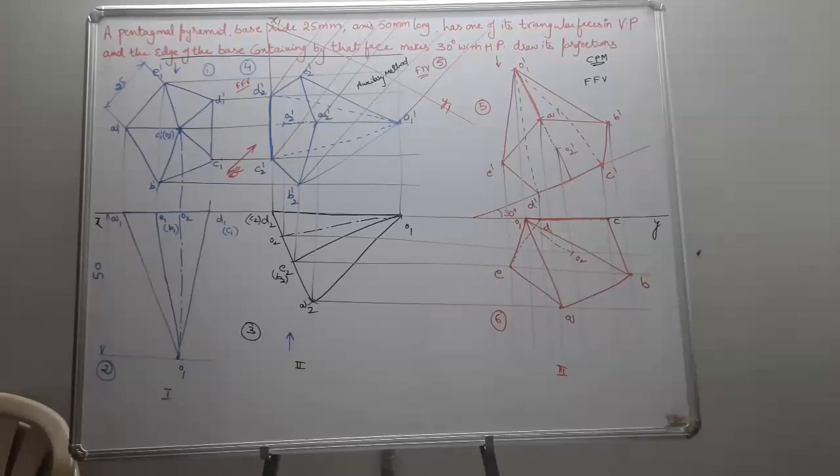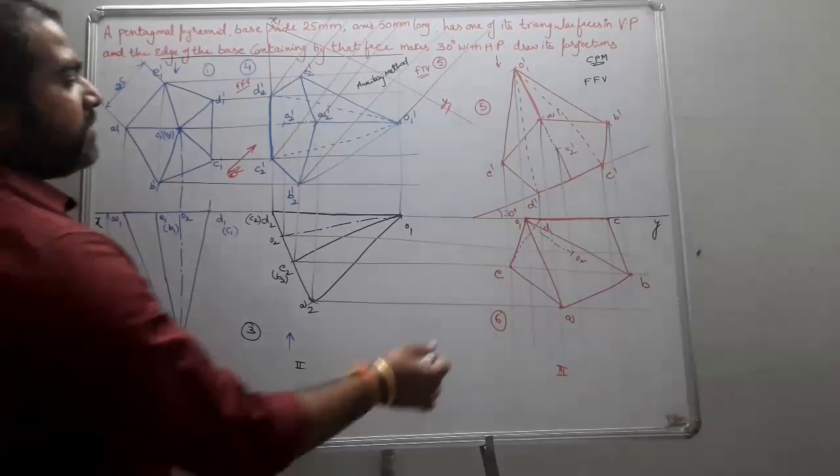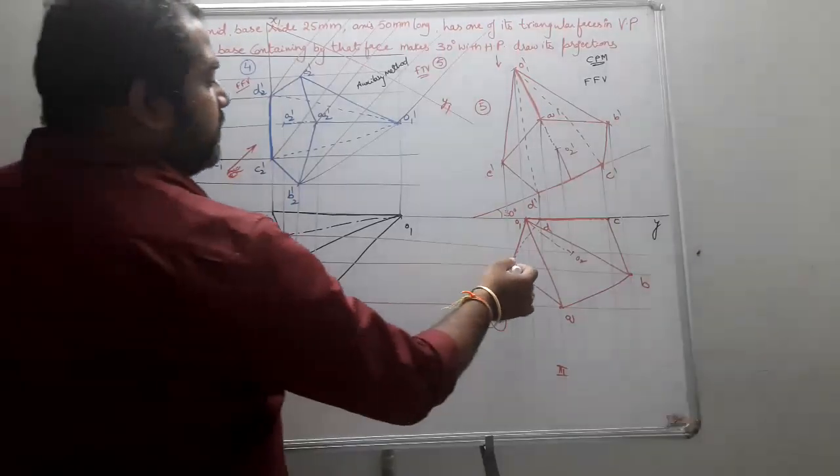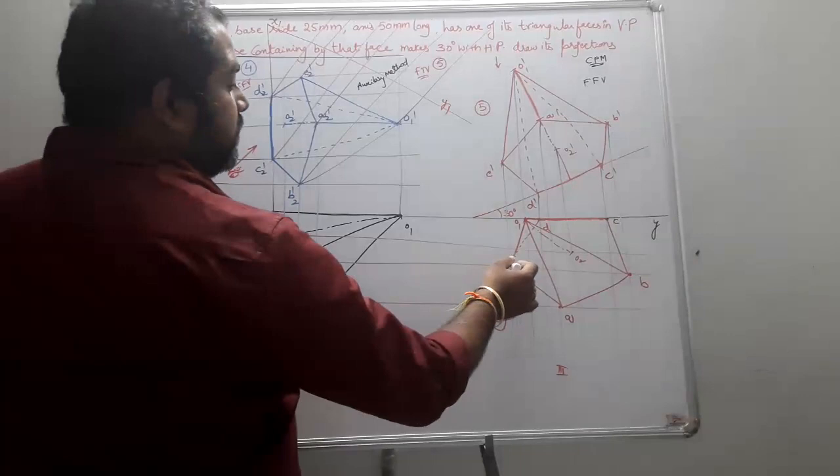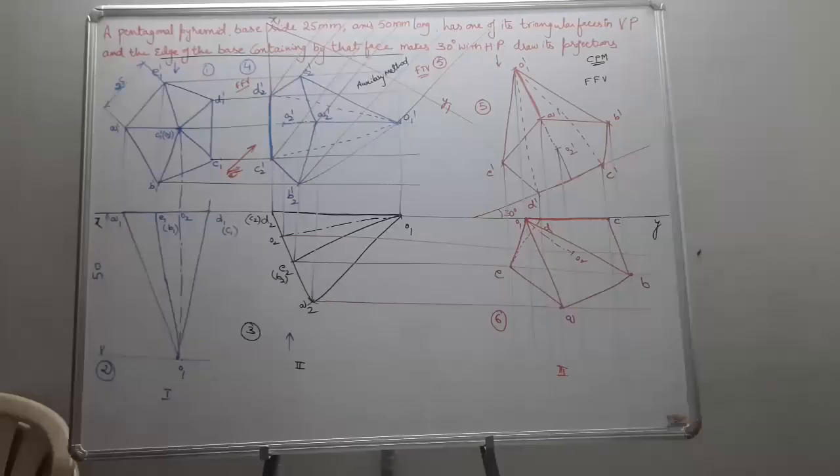What is not to be seen is this D slant edge, the D base edge, which is not seen from there. So for that only DE becomes your dotted line. Okay students, is it clear now?